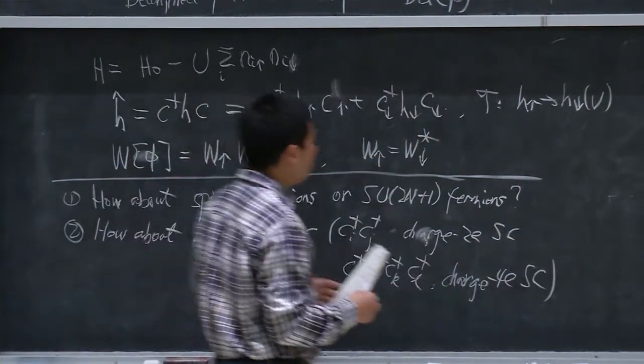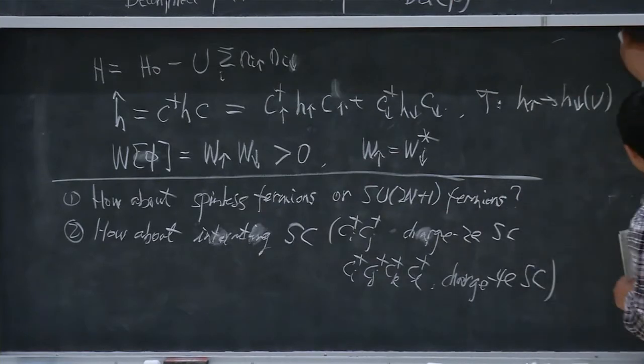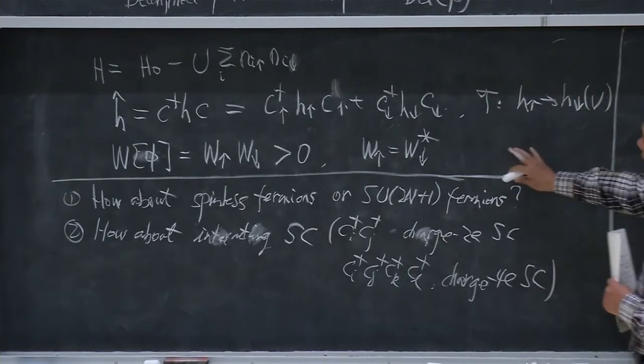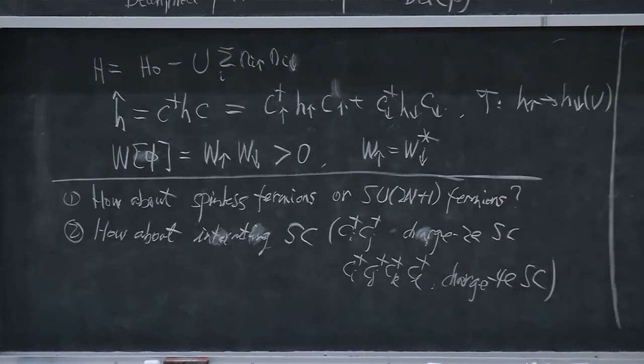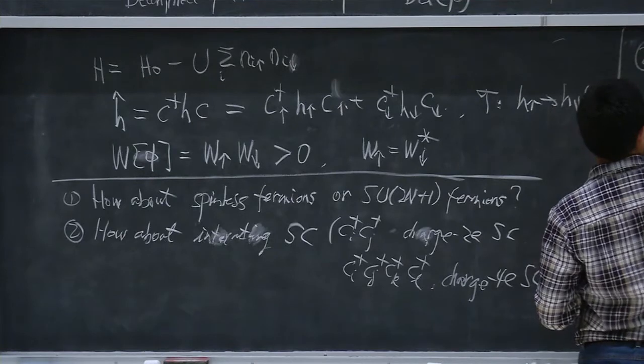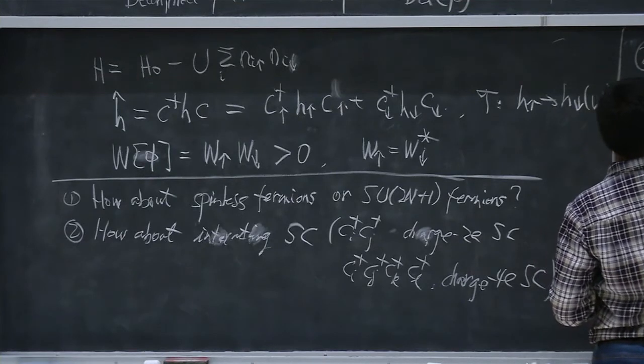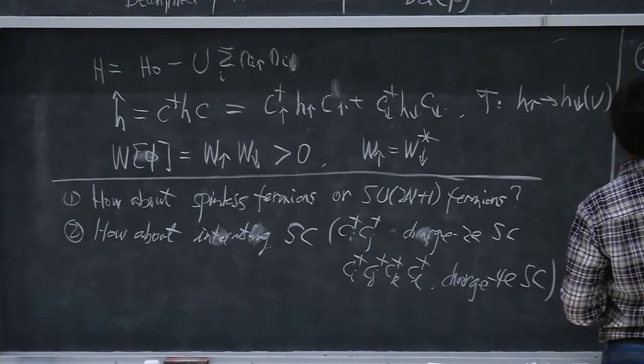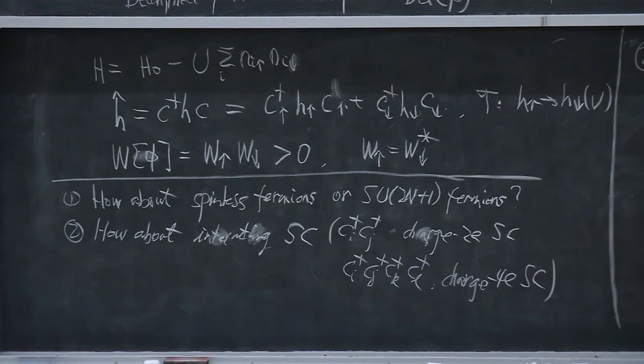So the idea to solve the sign problem related to this kind of system is to use the Majorana representation. Majorana fermion is a real fermion.